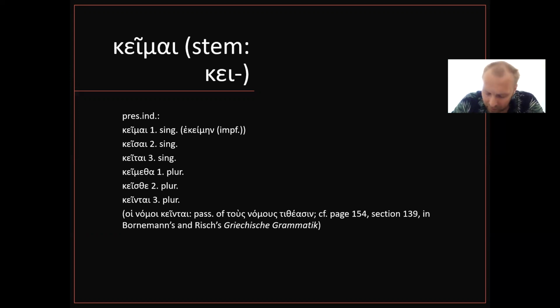And this verb actually completely lacks the subjunctive and optative moods, but it does have the imperfect, the first person singular of which is ekeimen.